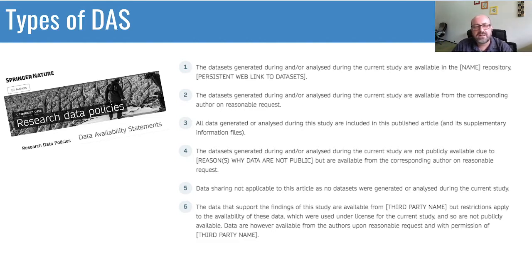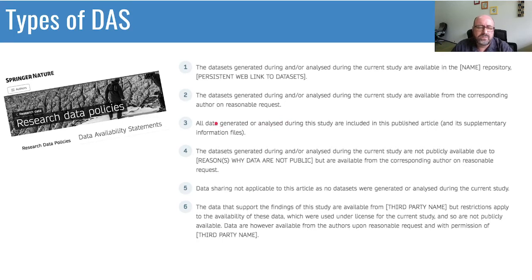Instead, they have the option to say the data can be available if you ask me. So only if you ask, I will consider your request or not. So the data are not there. The data are stored in the researchers' computers.